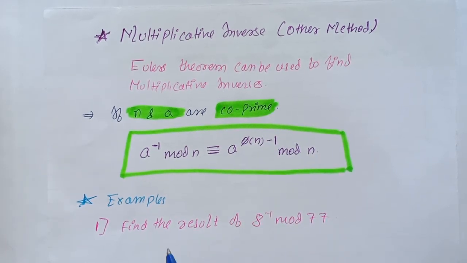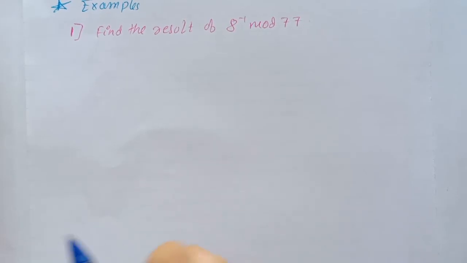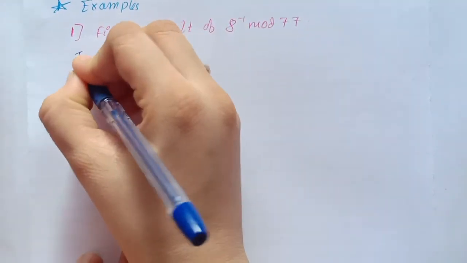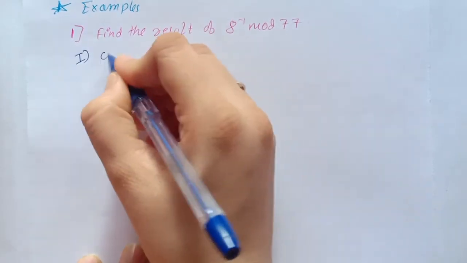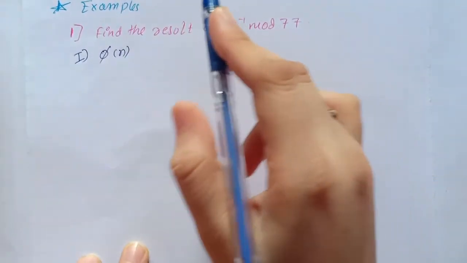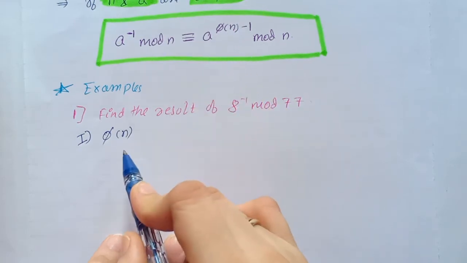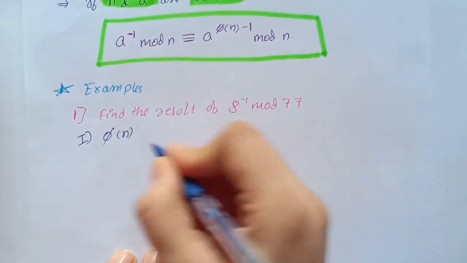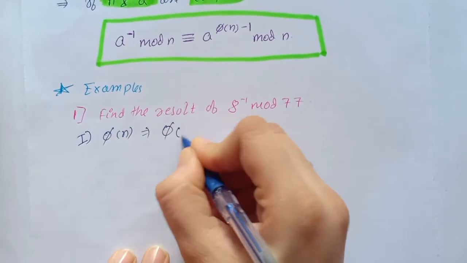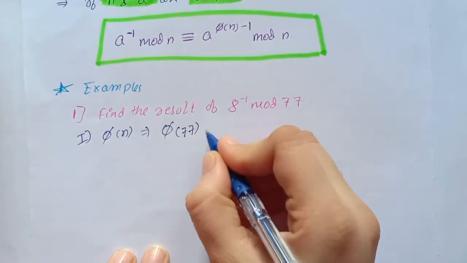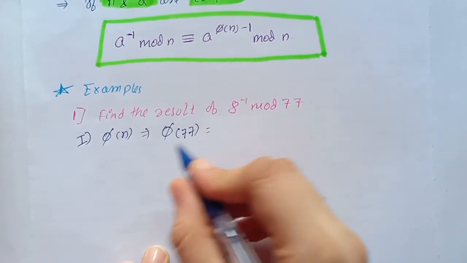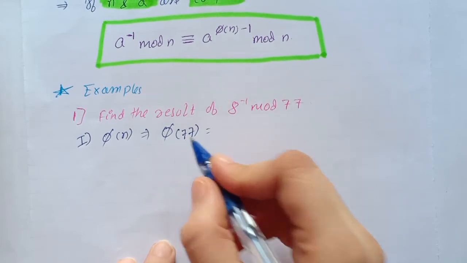So let's see using an example. Here the example is: find the result of 8 inverse mod 77. While solving multiplicative inverse, step 1 is always to find phi n, since we saw in the formula that there is phi n. So here n is 77. Using the totient function, we will find phi of 77.